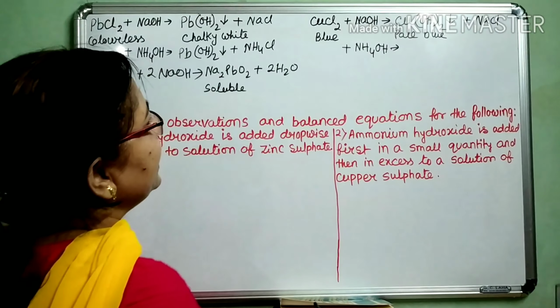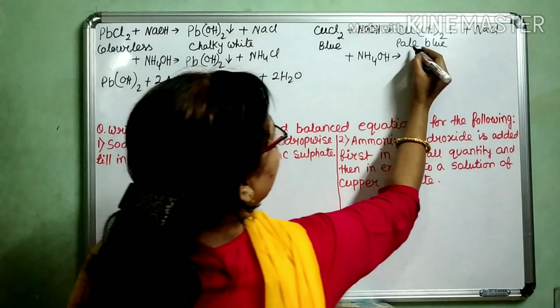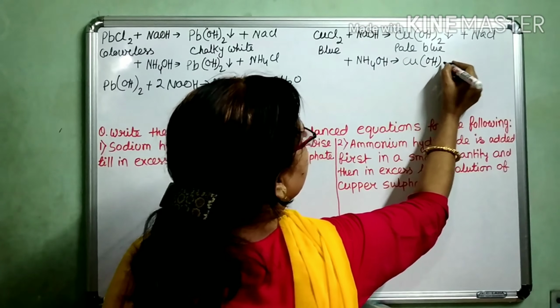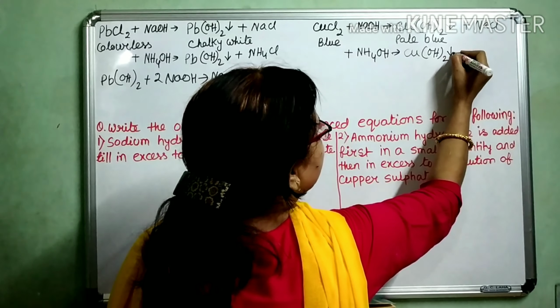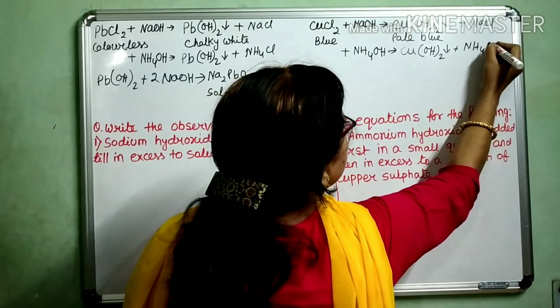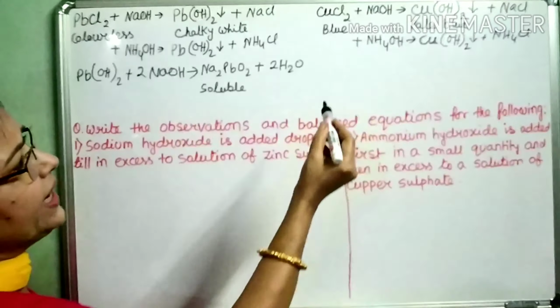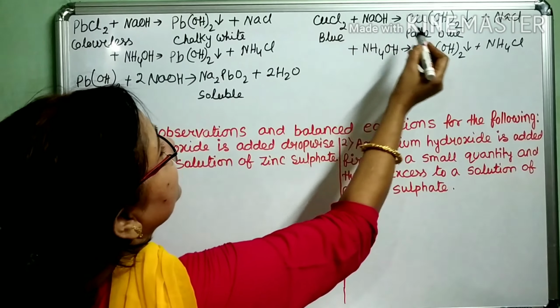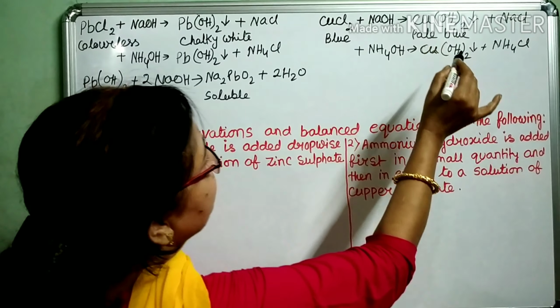Now when NH4OH is added, same as Cu(OH)2, a pale blue precipitate plus NH4Cl is formed. Now when excess NaOH is added, in case of copper chloride, there is also an insoluble precipitate formed.